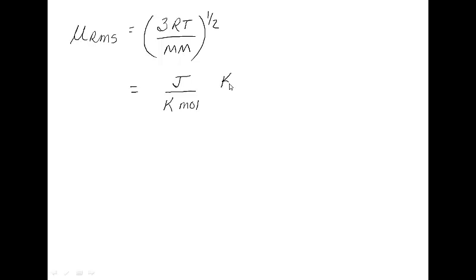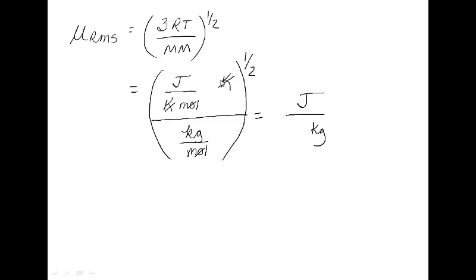Your temperature is in units of Kelvin. The molar mass has to be in units of kilograms per mole. Okay, so Kelvin cancels, mole cancels. I'm left with joules per kilogram. And it's still in the square root part. I'm just dealing with the units.